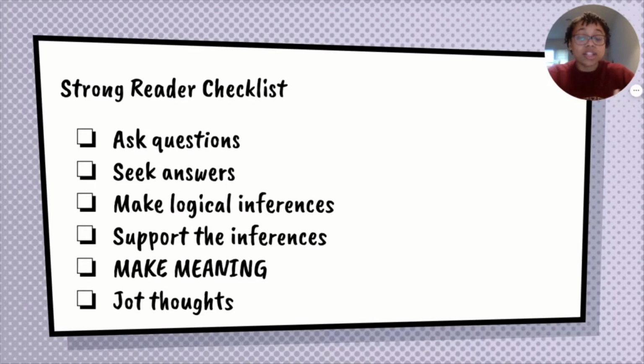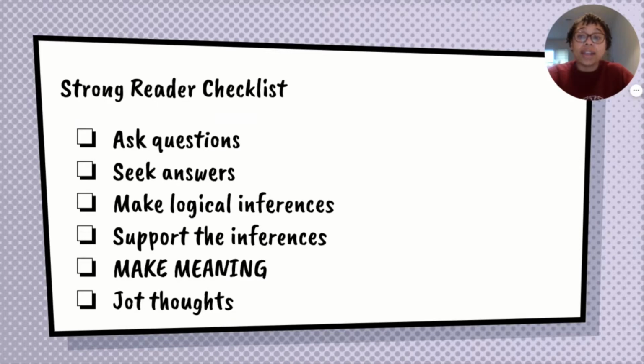Because a logical inference from a person having 10 cats would be that they like cats. And then you support the inferences based on text evidence. So you go back into the text and say, based on this, this, and this, I can see that this is happening or that a character is thinking about this, right?